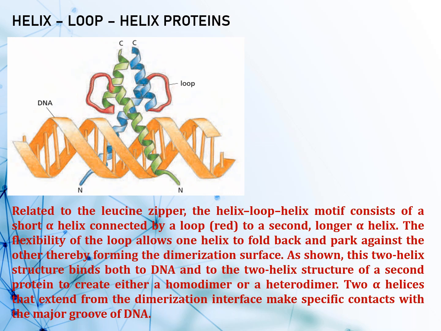As shown in this picture, this two helix structure binds both to DNA and to the two helix structure of a second protein to create either a homodimer or a heterodimer. Two alpha helices that extend from the dimerization interface make specific contacts with the major groove of DNA.